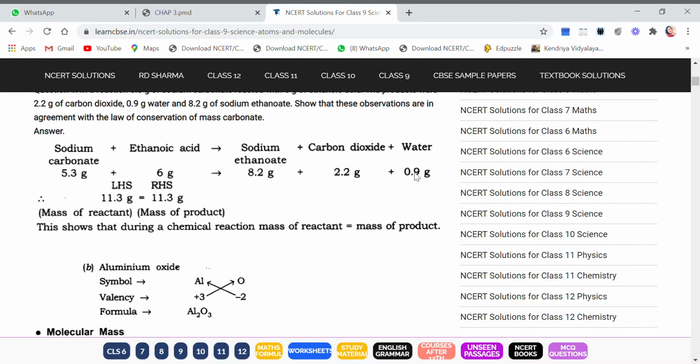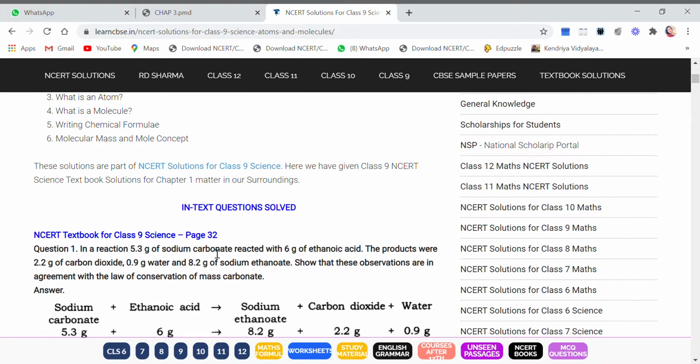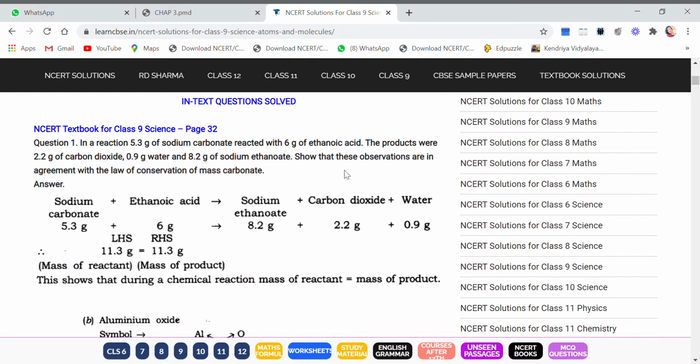You will just add them and you will see that the total mass of the products is also the same, that is 11.3 grams. So what is the conclusion you have come to? That mass of reactants is equal to, you will write the equal to symbol also, mass of the products. This shows that during a chemical reaction, mass of reactants is equal to mass of the products, and hence this equation follows the law of conservation of mass, right?